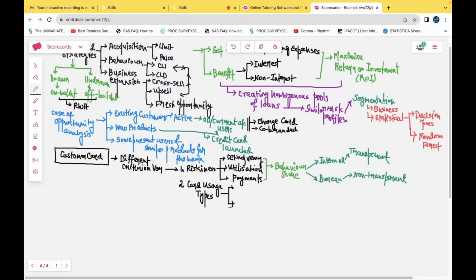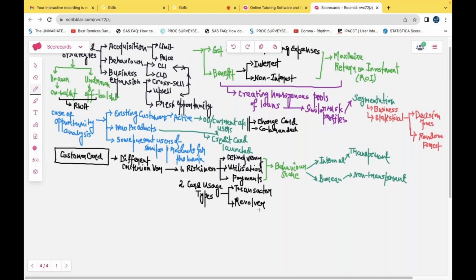Number one is the transactors, because the kind of product that you design and the kind of customer base that you would try to look at would largely depend on the nature of the usage of the cards, right? So one is the transactor, the second is the revolvers.